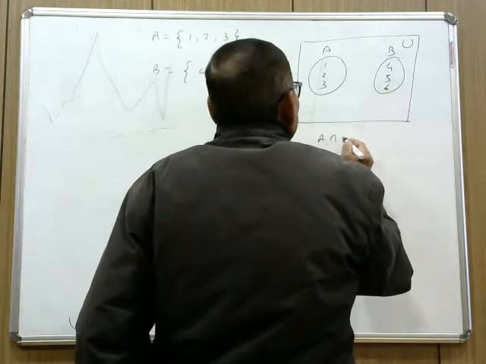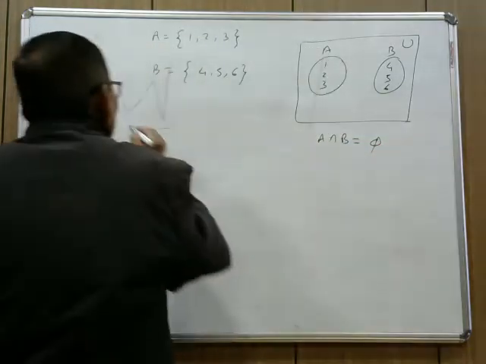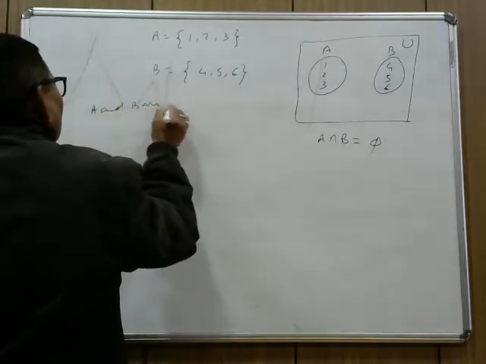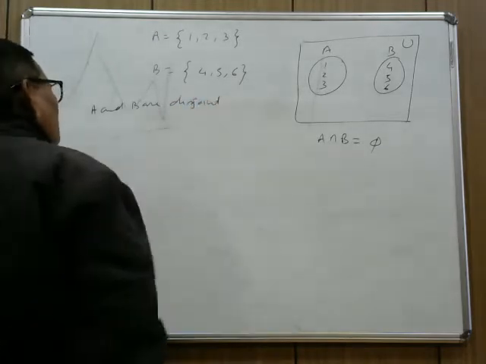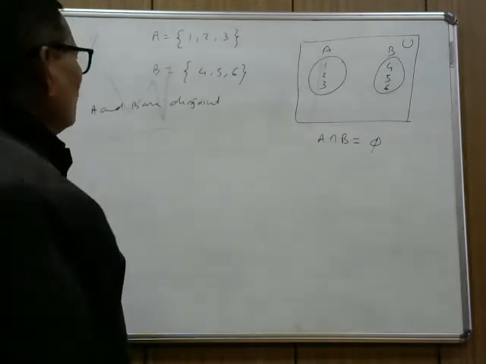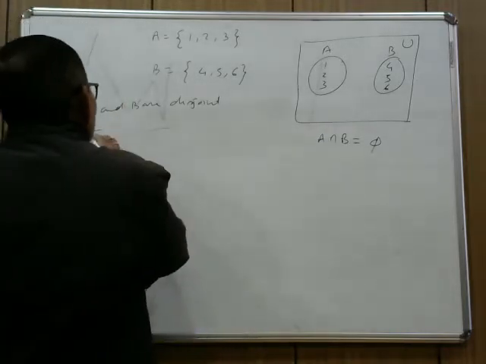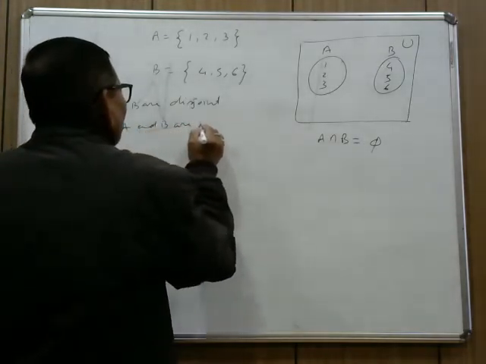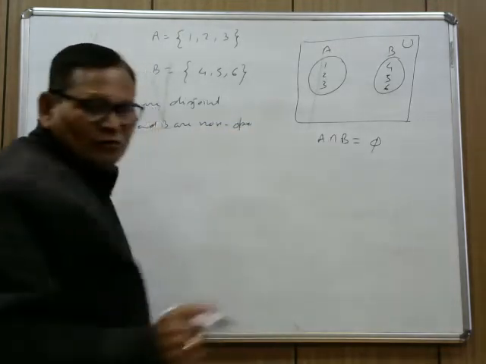They are disjoint, A intersection B is phi. In this case, A and B are disjoint, they are not joint. When the sets are not joint, they are called disjoint, they have no common element. This implies that A and B are non-overlapping.